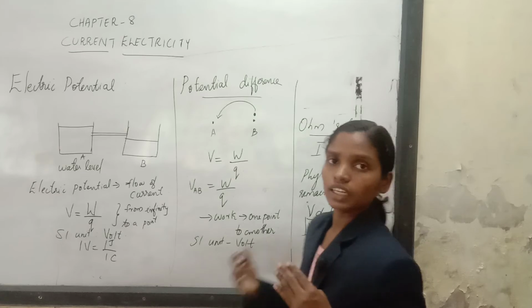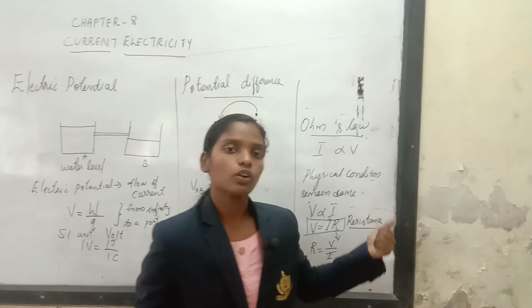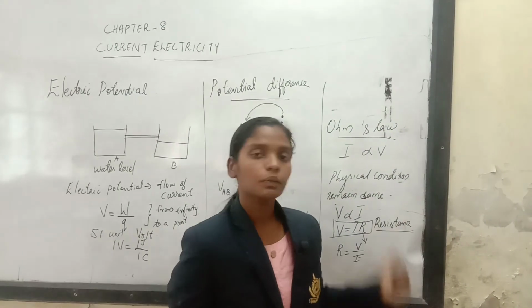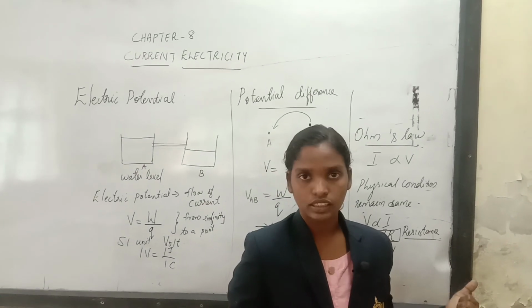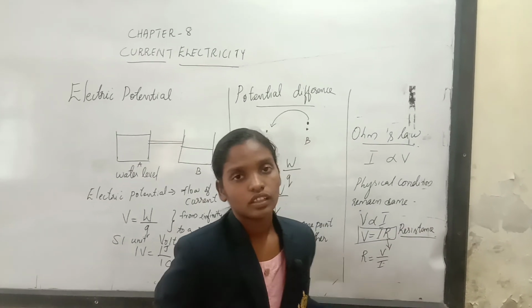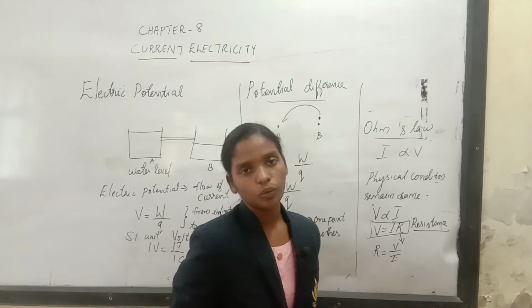If a conductor follows this rule under constant temperature and pressure, it is called an ohmic resistor, and if not, it is called a non-ohmic resistor.